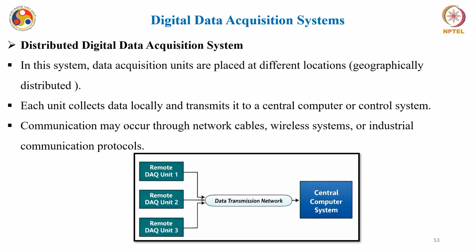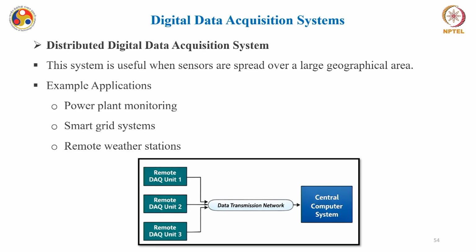Each unit collects data locally and transmits it to a central computer or a control system. Communication can occur through network cables, wireless systems or industrial communication protocols.